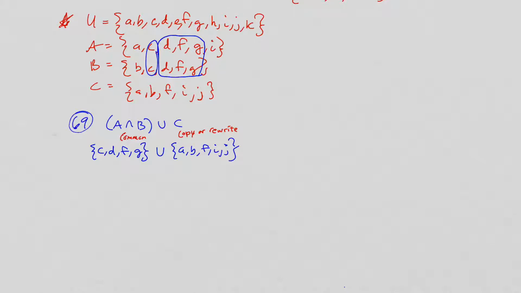Now, union means all, no repeats. So there's a lot to keep track of. So we're going to say our final answer is going to be everything in both sides, the left and the right side, but don't repeat anything.